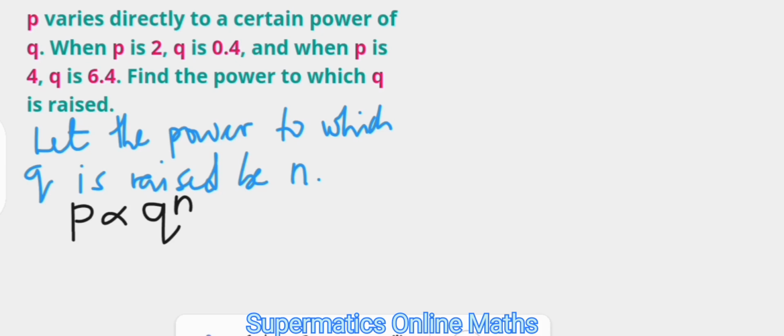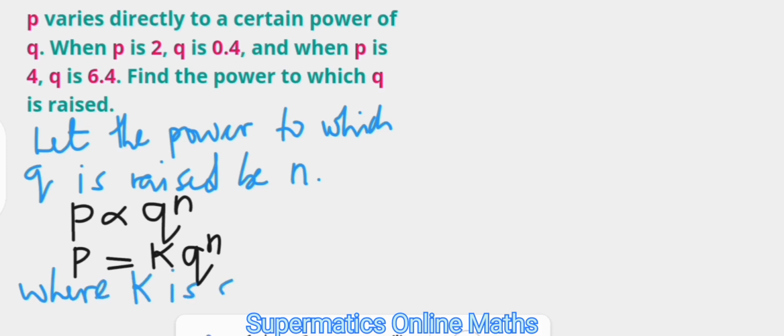Then the variation symbol is turned to an equation where we write P is equal to K times Q raised to power n, where K is a constant, the constant of variation.